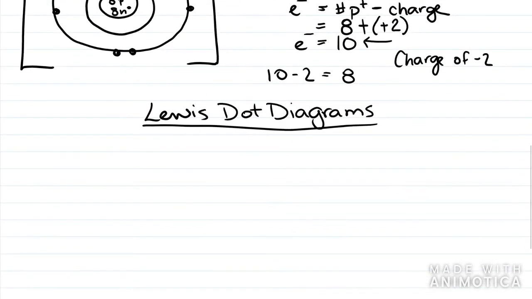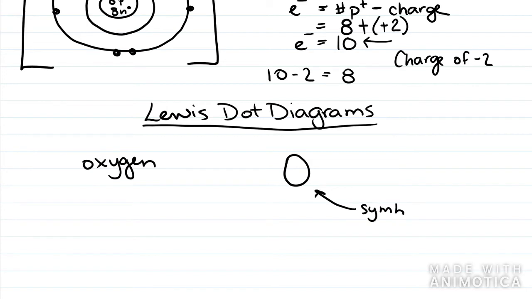So for oxygen, what we do for a Lewis dot diagram is we put the symbol, and then we put the electrons from the valence shell, and only the valence shell.